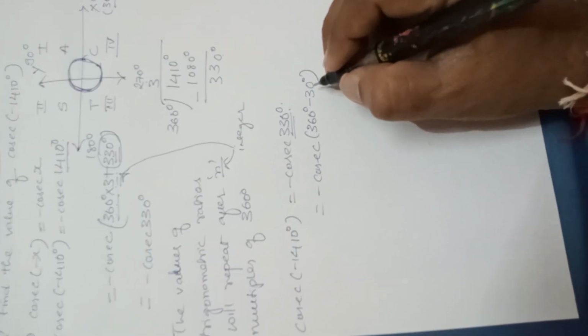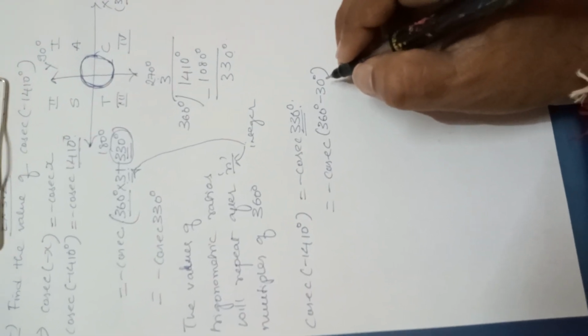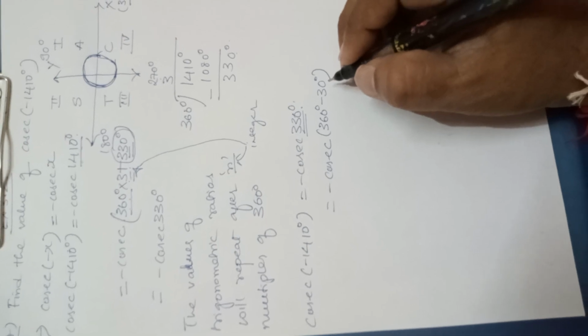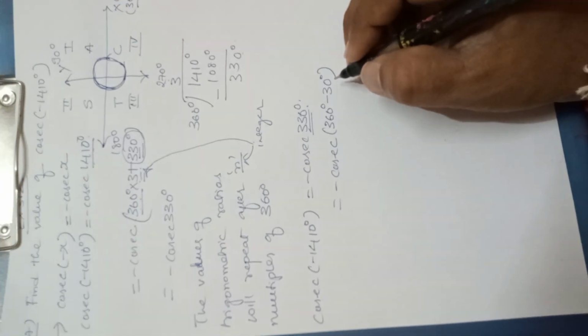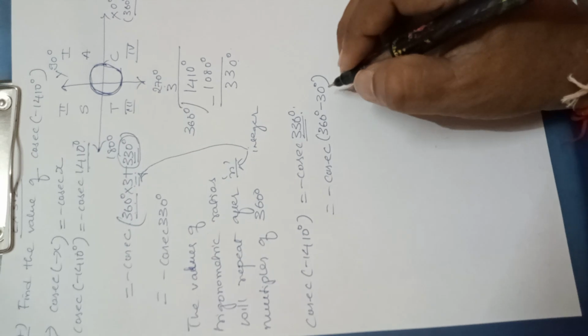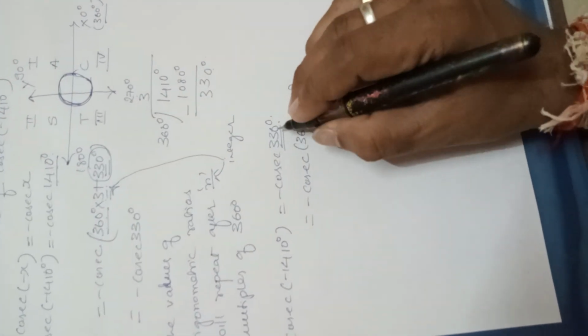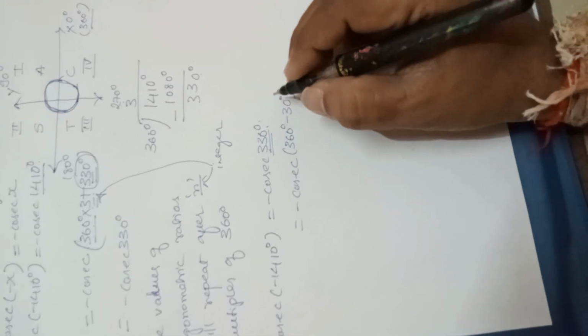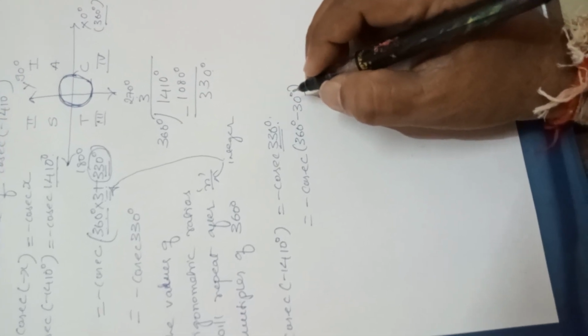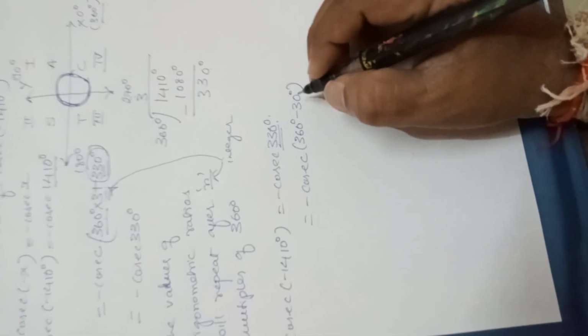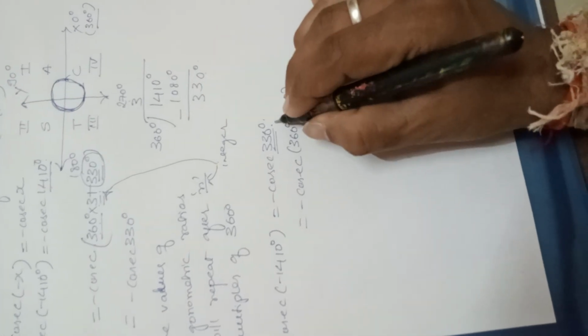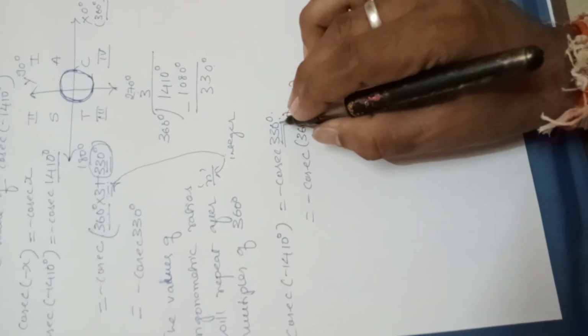The reason is, we know trigonometric ratios of acute angles, the angles between 0 degrees and 90 degrees, and the trigonometric ratios of 0 and 90 degrees. So we need to express 330 degrees in terms of an angle between 0 and 90 degrees. That's why I have written 330 as 360 minus 30 degrees.